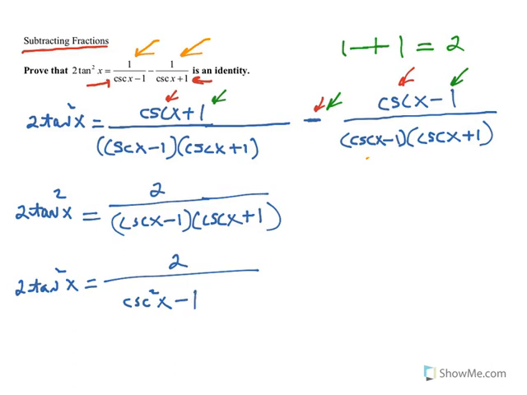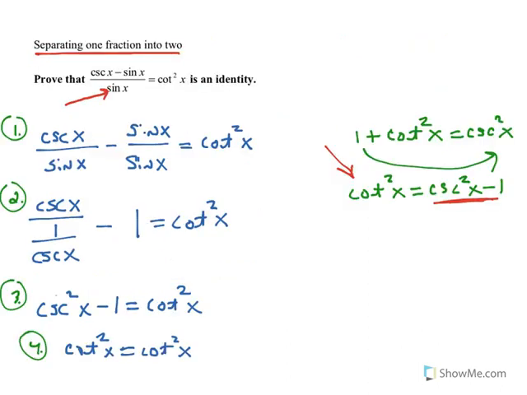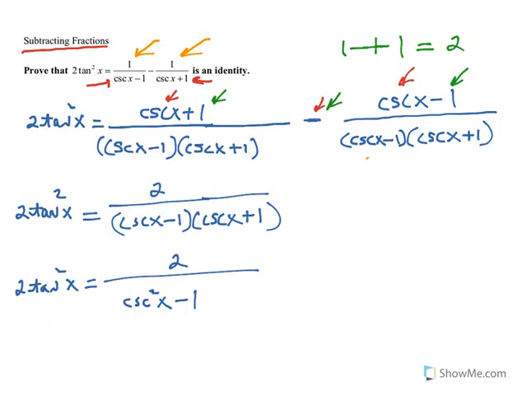And then cosecant x squared minus 1, we actually saw that in the earlier problem. Not sure if it's still there. Yep, so cosecant x squared minus 1, we said that's the same thing as cotangent squared. So we can say we have a 2 tangent of x squared equals 2 over cotangent squared. So cosecant of x squared minus 1 is identical to cotangent squared.